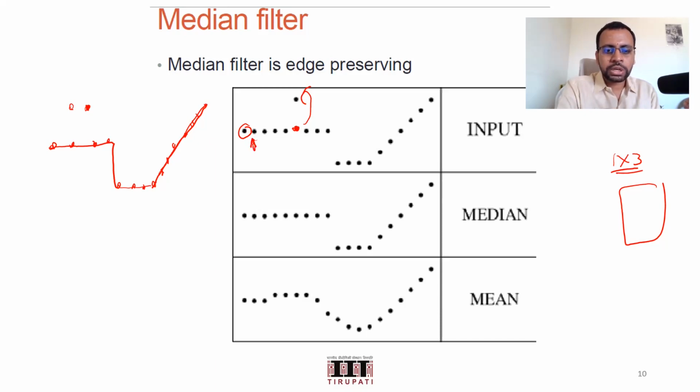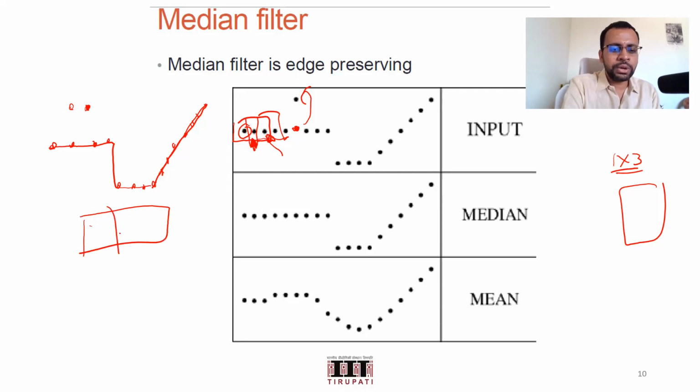In the output image, in this particular row, what should I replace it with? I take a window, sum all three, consider a simple averaging filter, add all the three and divide by 3. Next, for this pixel, I will do the averaging by centering this window around each pixel.